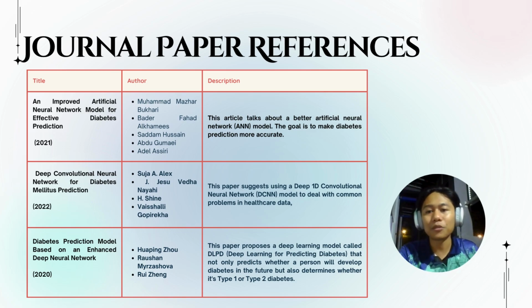For example, in the improved artificial neural network, the first one, the probability of people getting diabetes based on the data sets has 99.9% accuracy. And then the last one, the diabetes prediction model, is 85% or something. That's all from me. Thank you very much. I'll pass to another presenter.